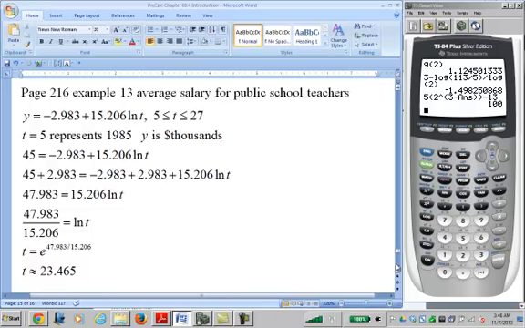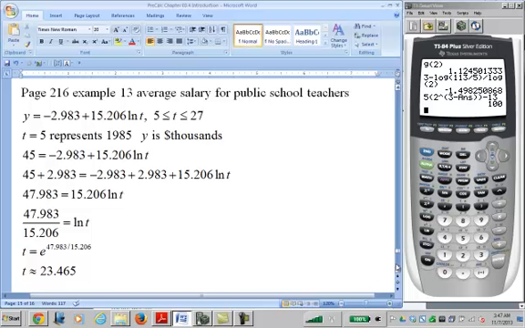The domain of t is between 5 and 27, where t equals 5 represents 1985. So when will the average salary be $45,000? You just make y equal 45 and then start doing your stuff.